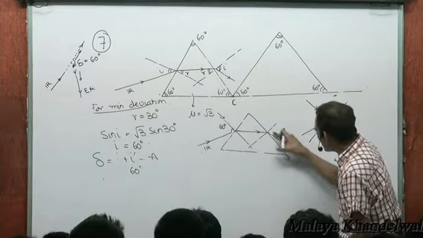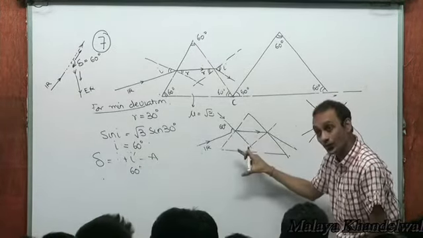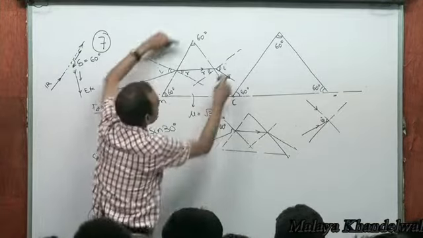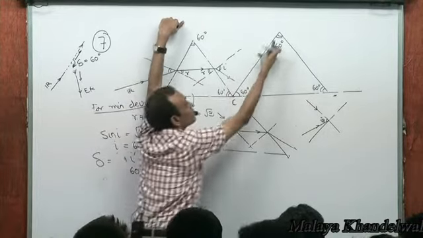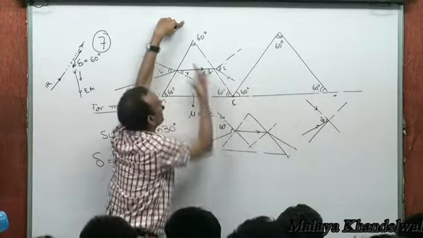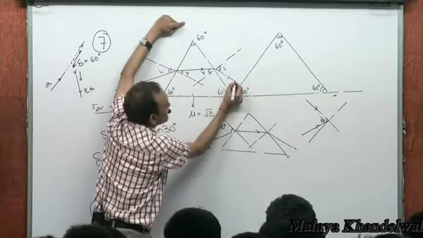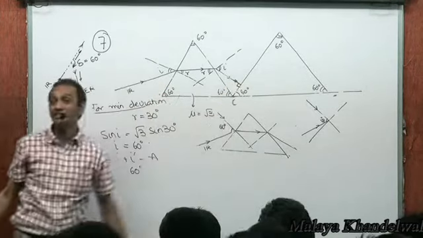That means this ray must have been perpendicular to this face, yes or no? Right? Which means what? If this ray is perpendicular to this face, then this ray will also be perpendicular to this face. Why? Because these two faces are parallel to each other. That means this emergent ray is incident normally. That means angle of incidence is 0.